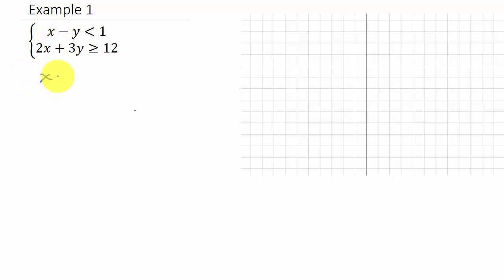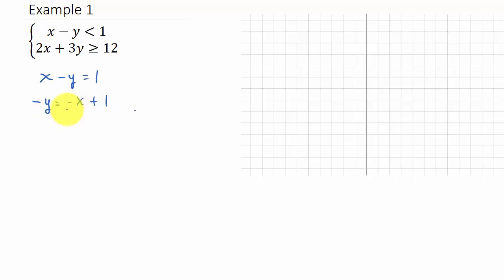I've got x minus y less than 1. We want to change it to x minus y equals 1, because we want to graph this line. So I'm going to subtract x from both sides, so I get negative y equals negative x plus 1.